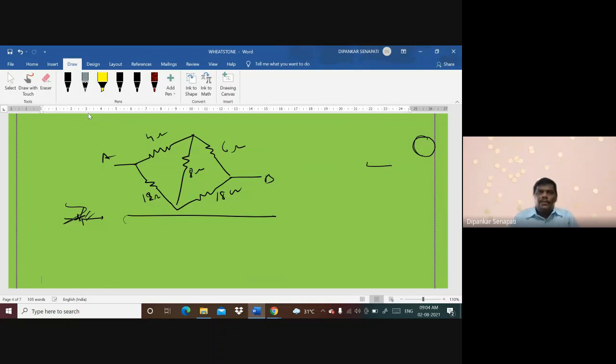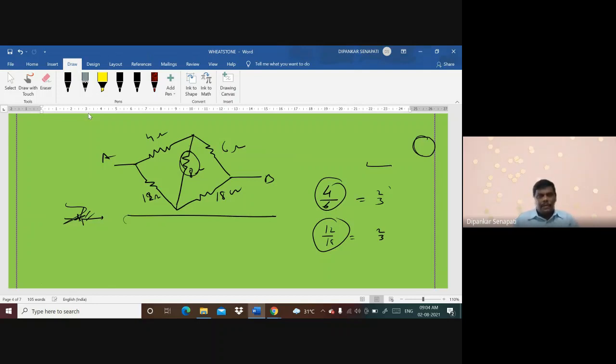What do you need to do? Just think once that the ratio of these arms, that is 4 by 6, is equal to 2 by 3, and here 12 by 18 is again 2 by 3. Since the ratio of the resistance arms is the same, no current will flow through this 8 ohm resistance. That is, presence or absence of the 8 ohm is similar.